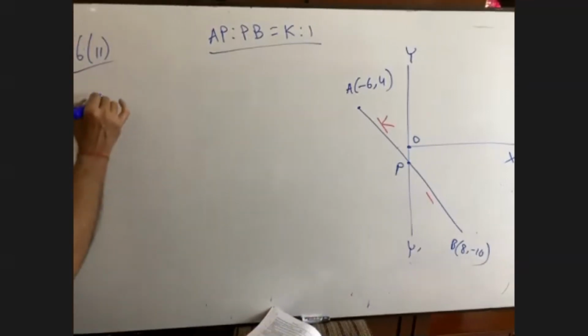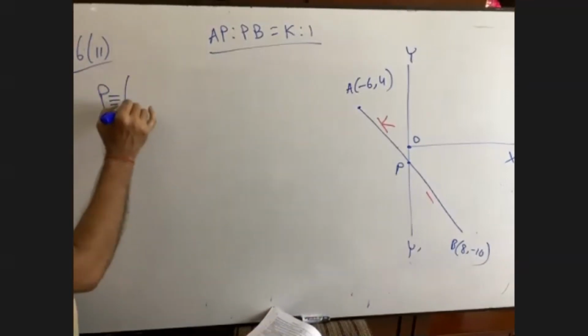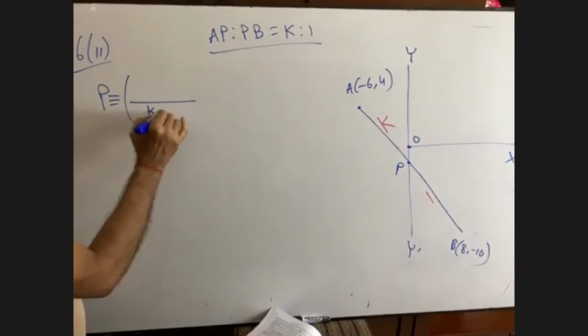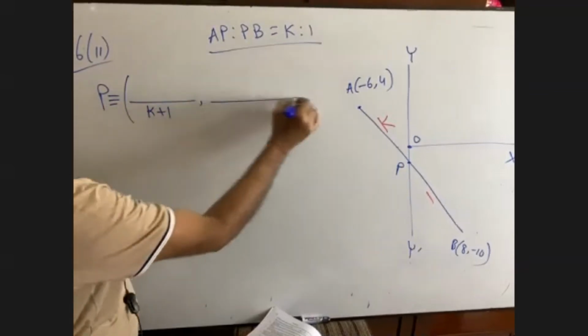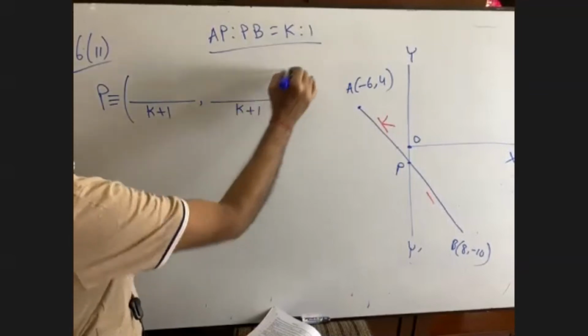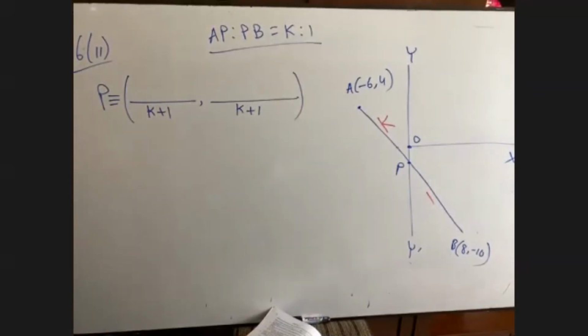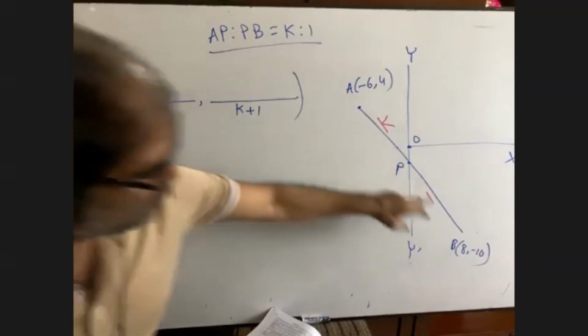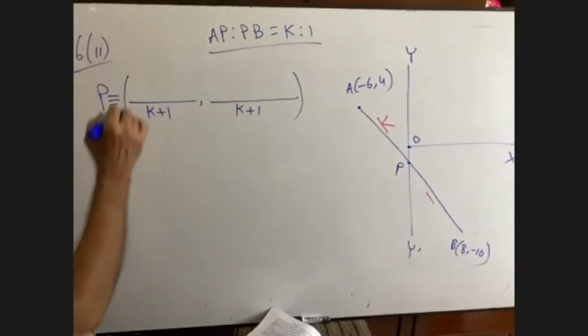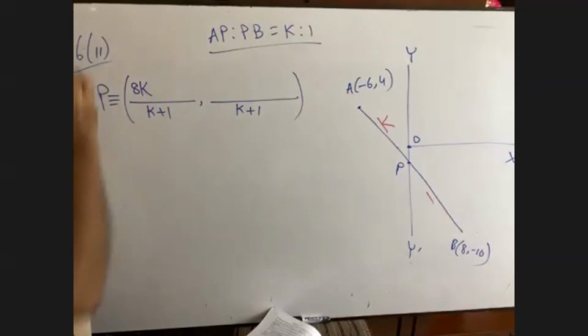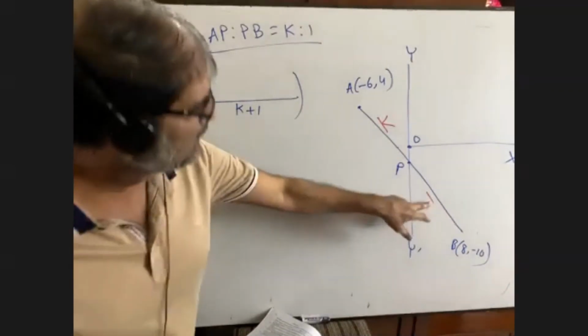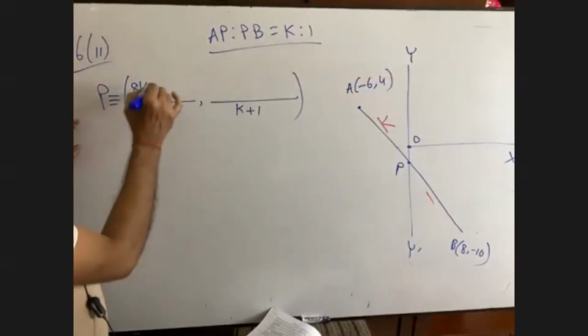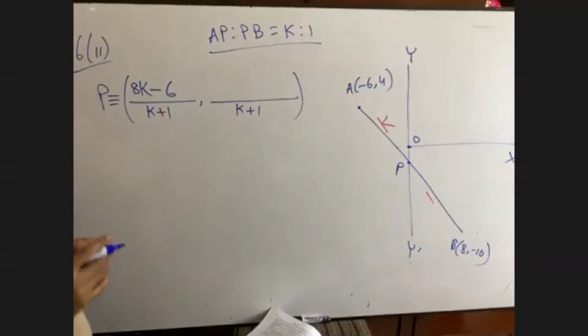So can you write P is equal to K plus 1, again K plus 1, am I right? Now you write down K into 8 equals to what? 8K. 1 into minus 6 equals to what? Minus 6.